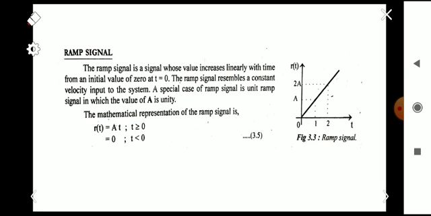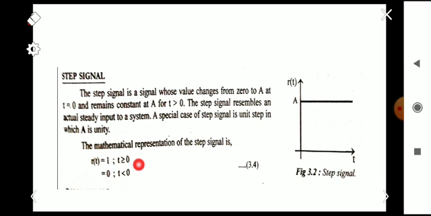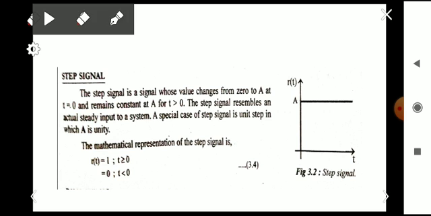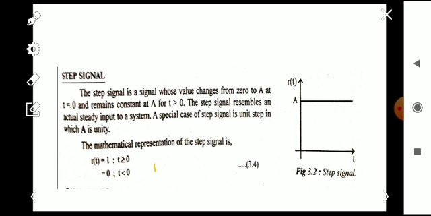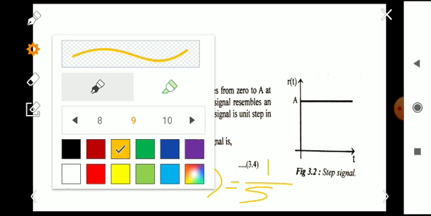Here, for a unit step, if you are finding the Laplace transform, that is capital R of s, it will be 1 by s. It will be equal to 1 by s for unit step, and a by s for a step signal having a magnitude of a.